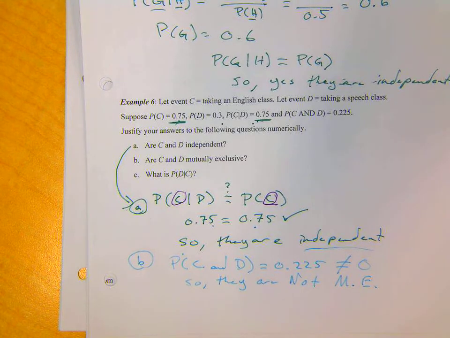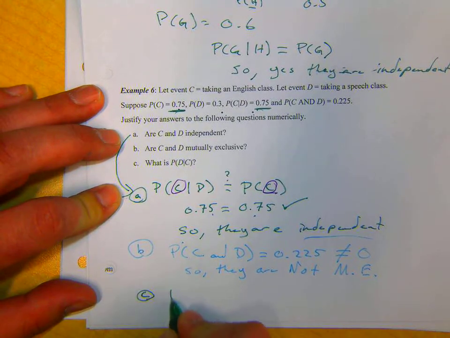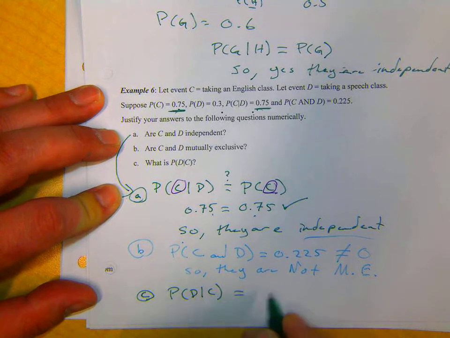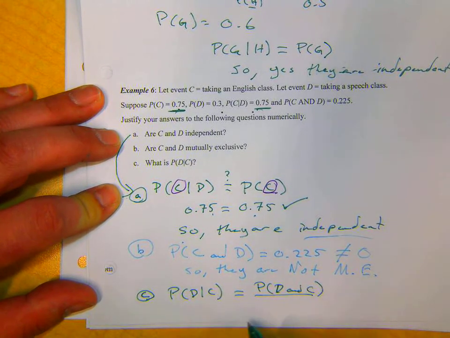So last question on this problem. What is P of D given C, which we can calculate using the probability of D and C over the probability of C?